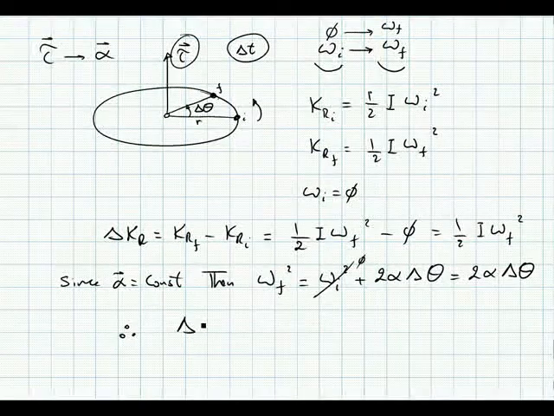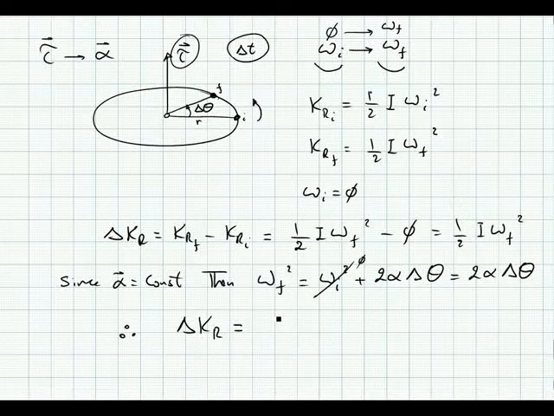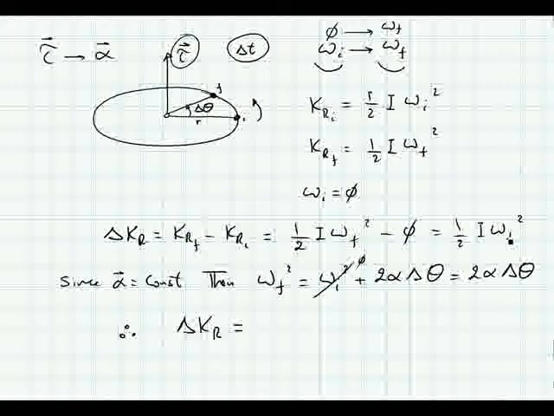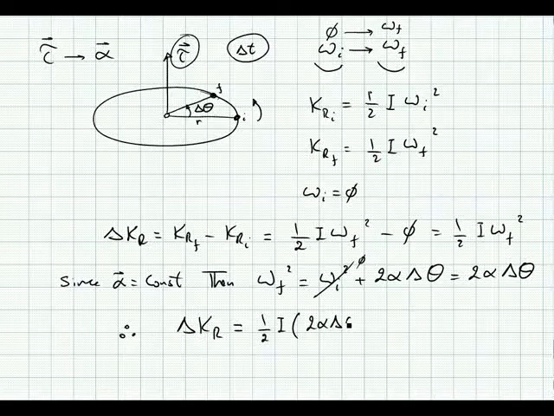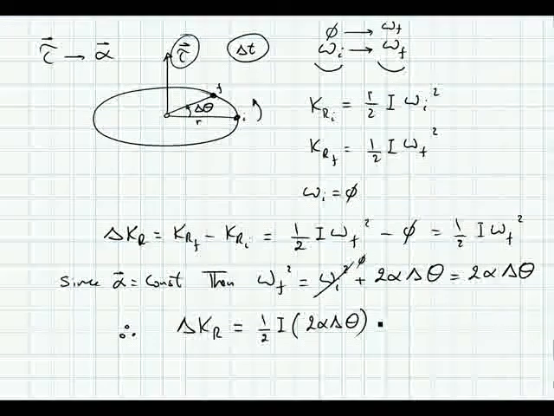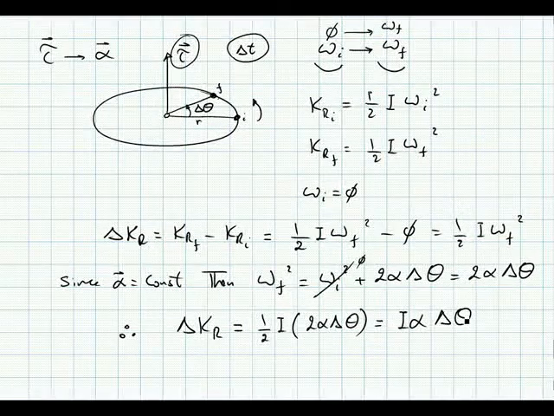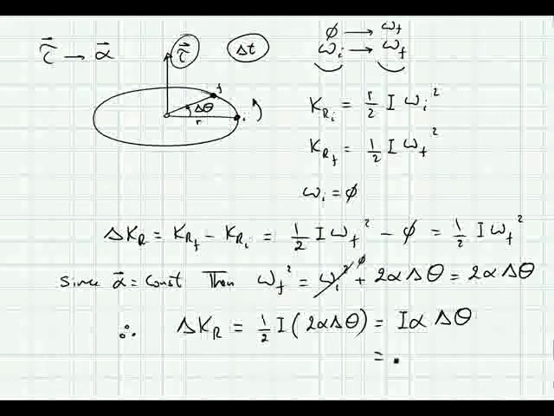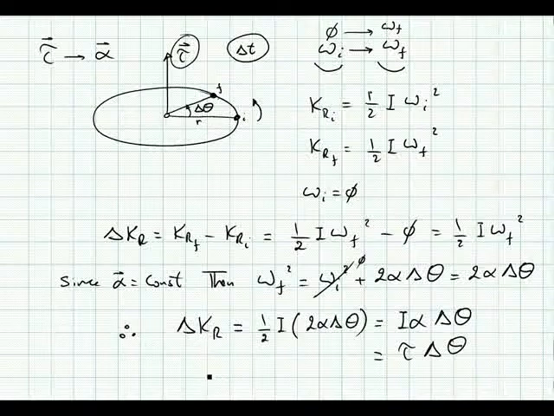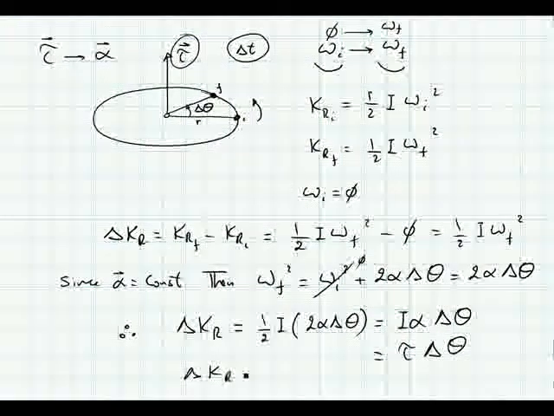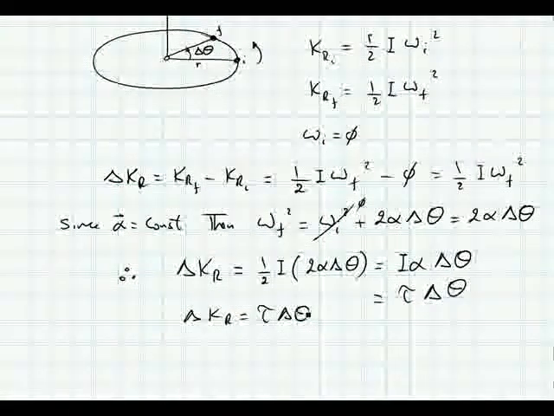Therefore the change in rotational kinetic energy is 1/2 of I times 2 alpha delta theta, substituting for omega final squared, which is equal to I alpha delta theta. Now I alpha we defined as torque, so that's torque times delta theta. Notice that we end up with delta K rotational being equal to torque times delta theta.